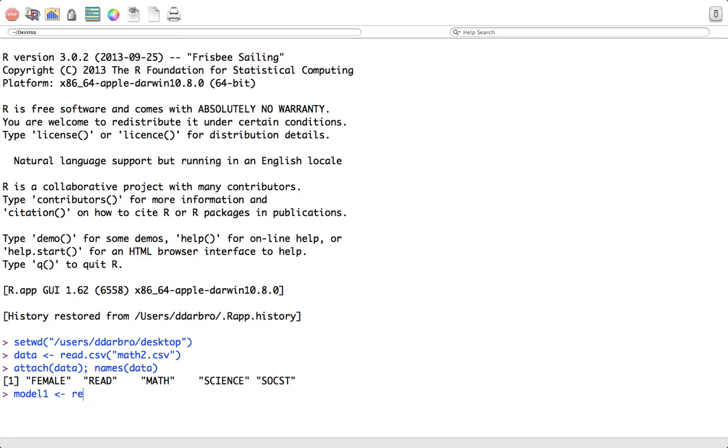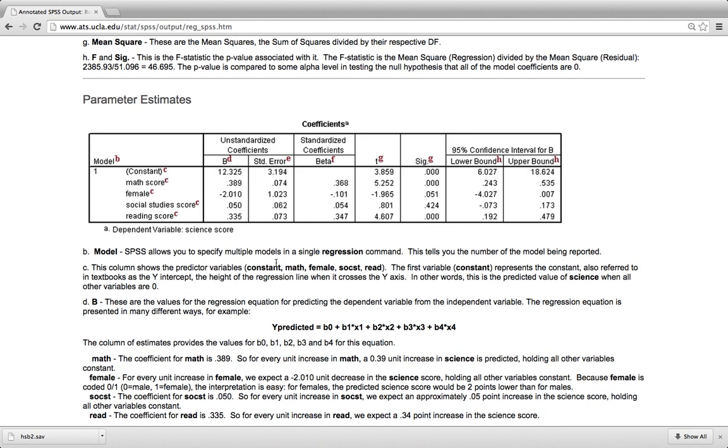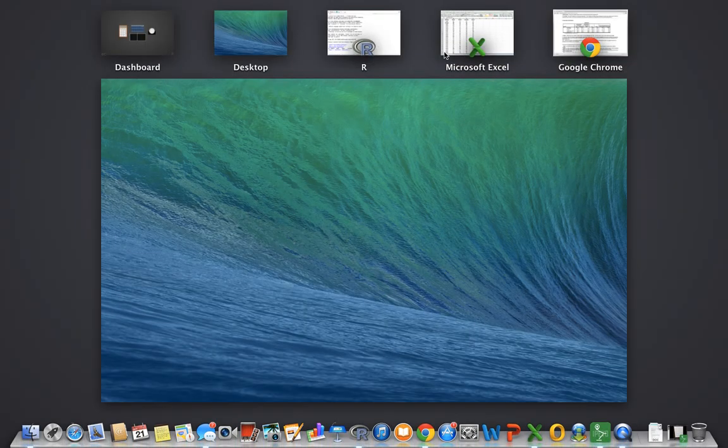I want to do a linear model, and they predicted science as a function of, I think they put in math first. Then they put in gender, which is called female. And I think they put in next, let's go over here and just double check. That really doesn't matter, but I want to be consistent. So social studies and then reading.